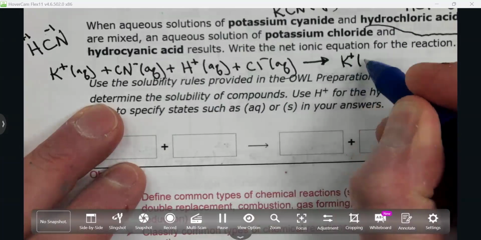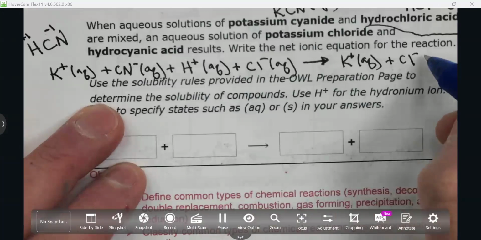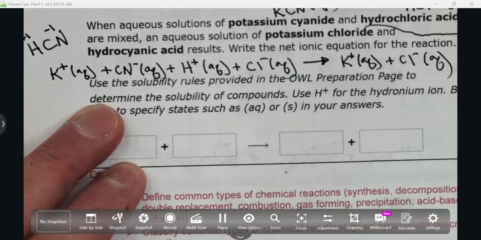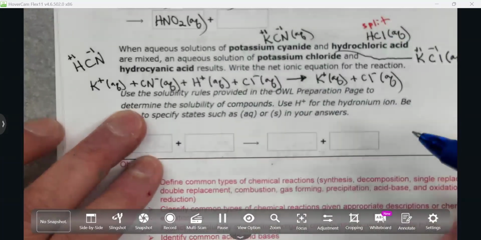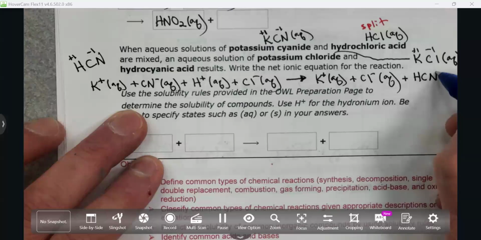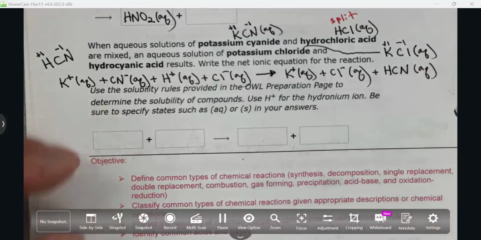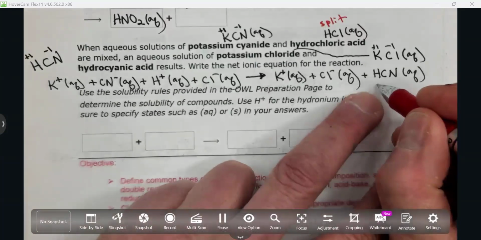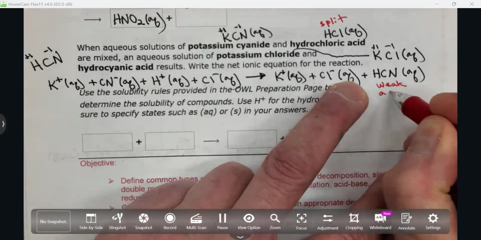I was able to do this because everything's a +1 and a -1. And the HCN has to stay together. We put aqueous because it's still in water solution. And this stays together because this is a weak acid.